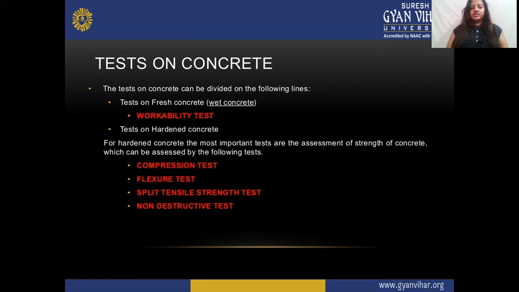So it can be done with the compressive strength test, in which a 150 mm cube mold is used, where the concrete is poured and the sample is set to harden.